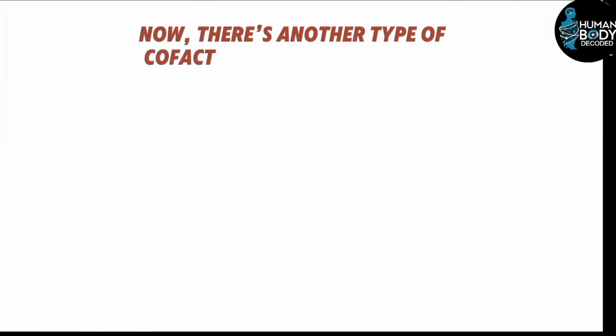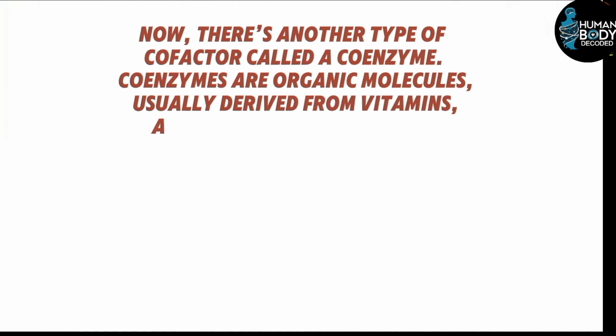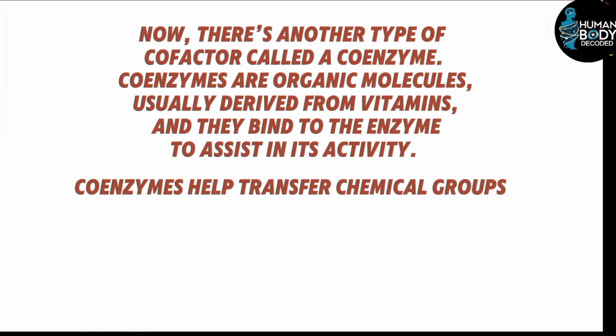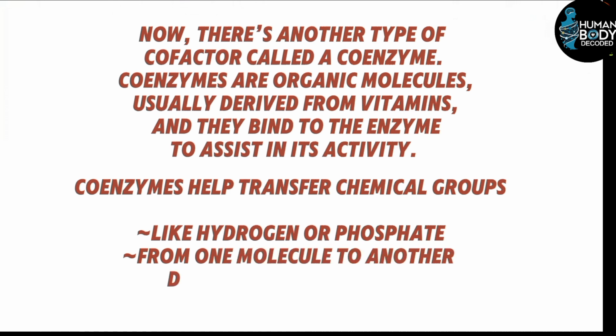Now there's another type of factor called the coenzyme. Coenzymes are organic molecules, usually derived from vitamins, and they bind to the enzyme to assist in its activity. Coenzymes help transfer chemical groups, like hydrogen or phosphate, from one molecule to another during these reactions.